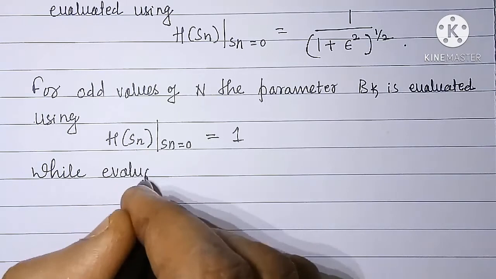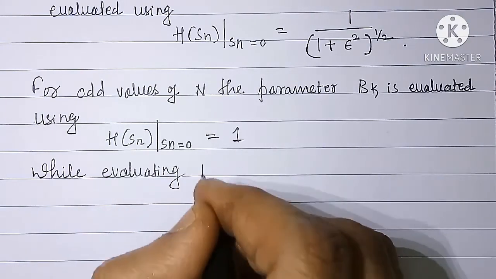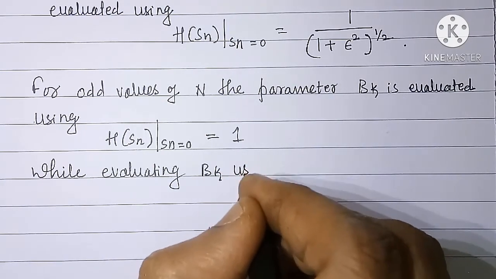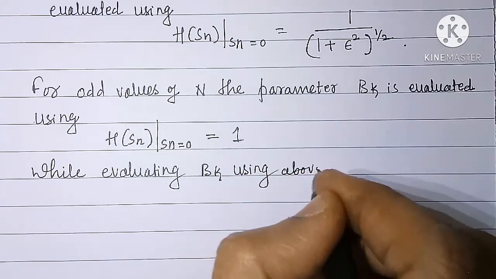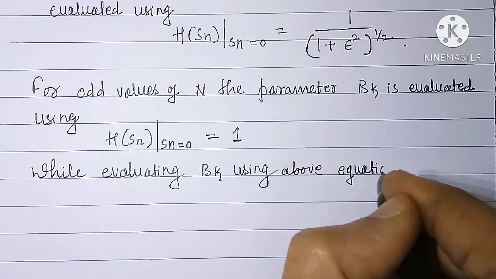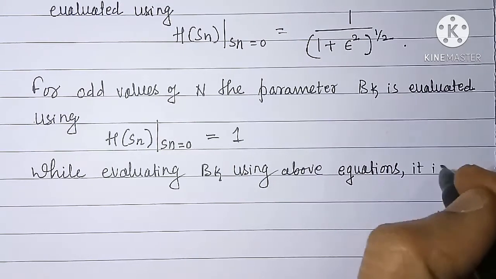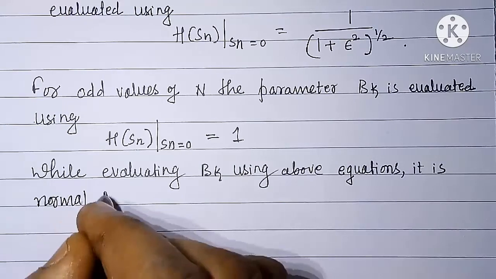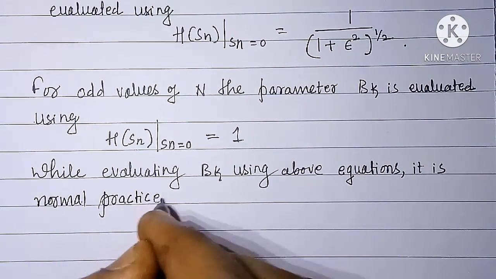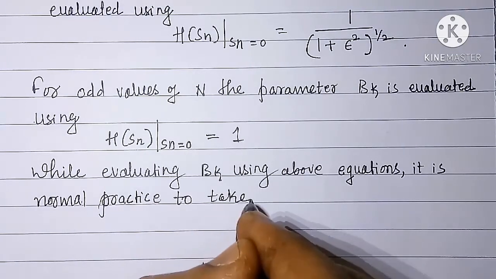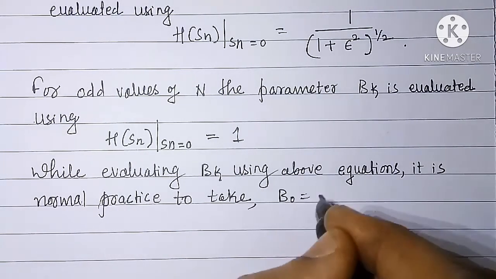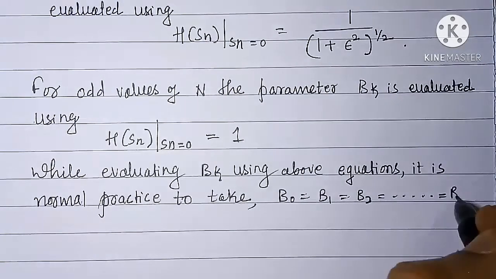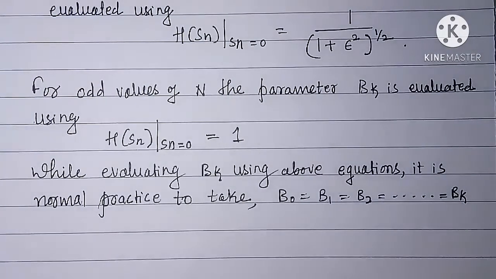While evaluating Bk using above equations, it is normal practice to take B0 equal to B1 equal to B2 equal to dash dash dash equal to Bk. That means all Bk values are equal.